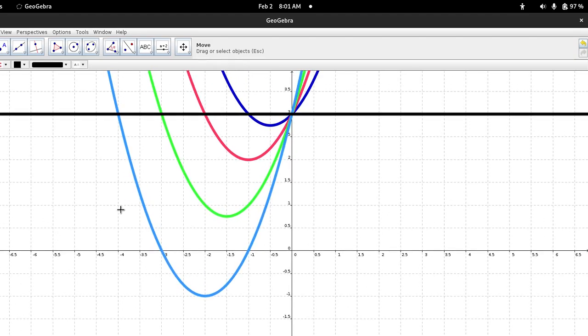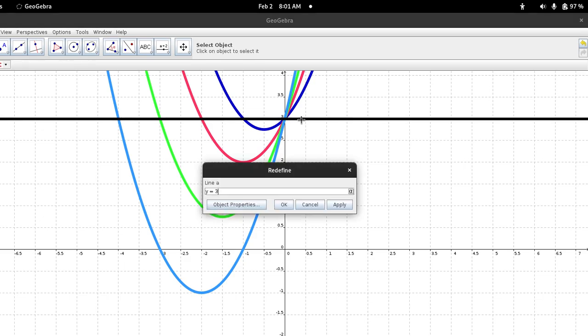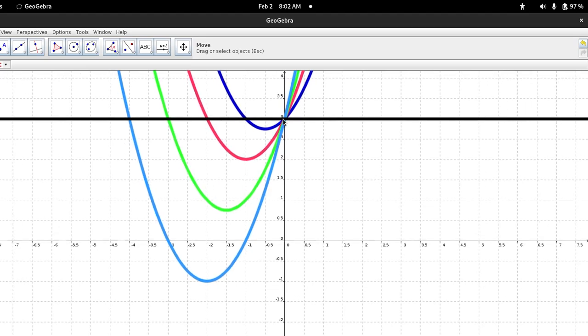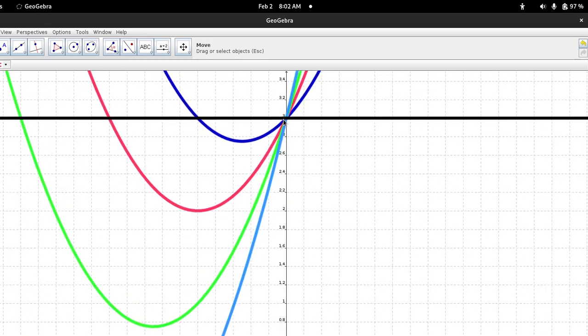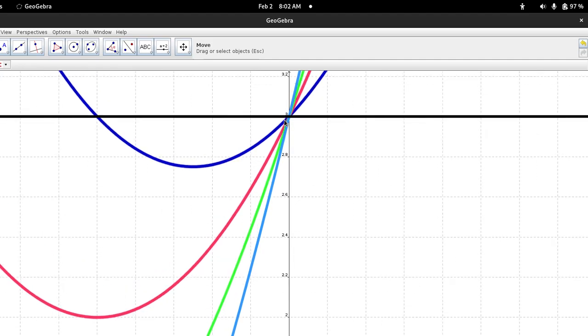And then we still have our same envelope, y equals 3. Alright? So this envelope is where this line touches all of them. So the main point is that the envelope must touch all of them. Alright?